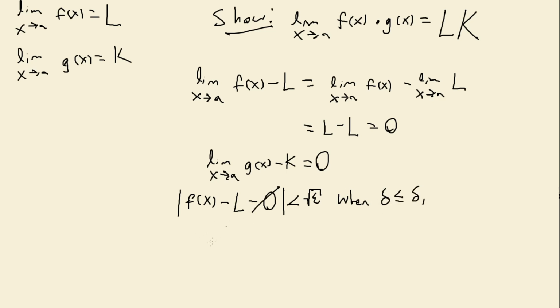And this minus 0 is going to go away by the same reasoning. The absolute value of g of x minus k will be less than the square root of epsilon when delta is less than or equal to some other value. We'll say it's delta 2. This is going to come back into play a little bit later.